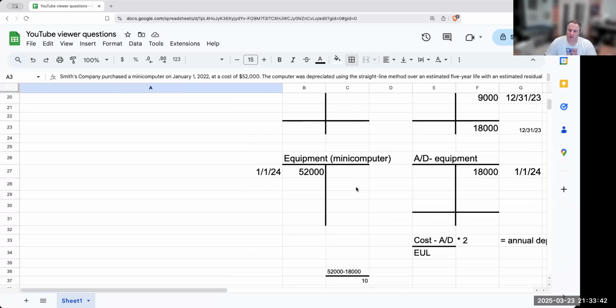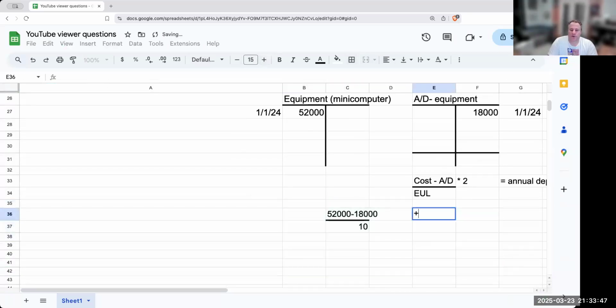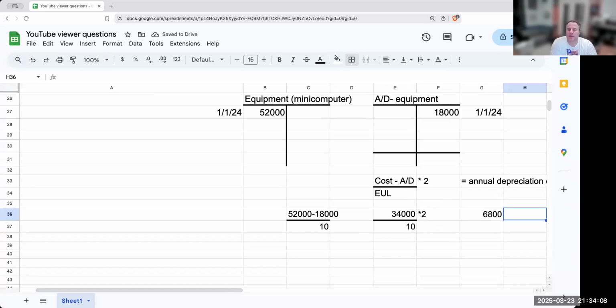So coming over here, you're going to get 52,000 minus 18,000, or 34,000 divided by 10, and we're going to multiply that value by 2. And this is going to be 34,000 divided by 10 multiplied by 2, or 6,800 is my annual depreciation under double declining balance for 2024.